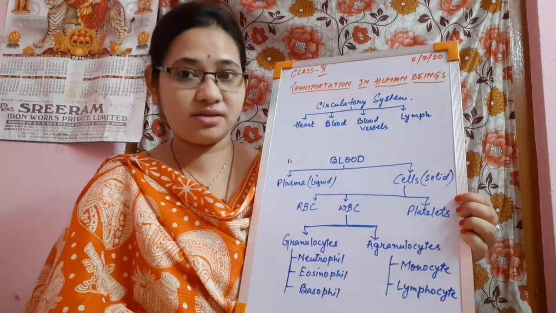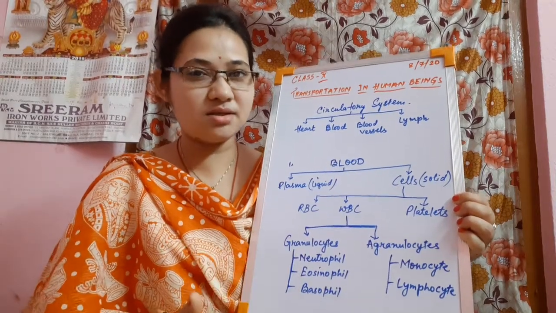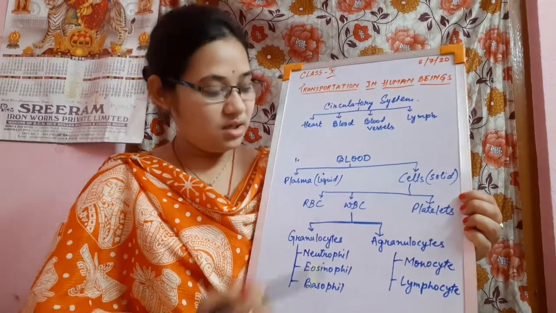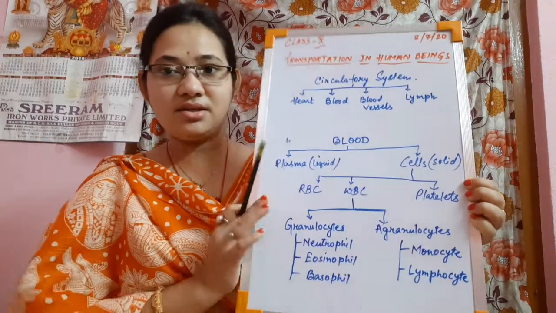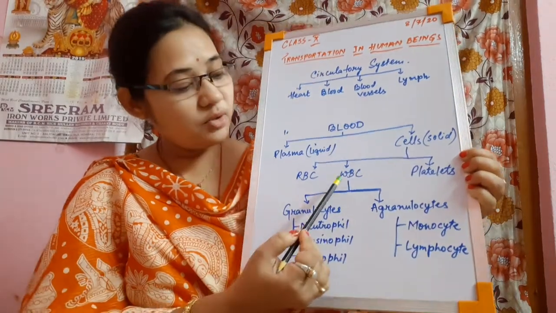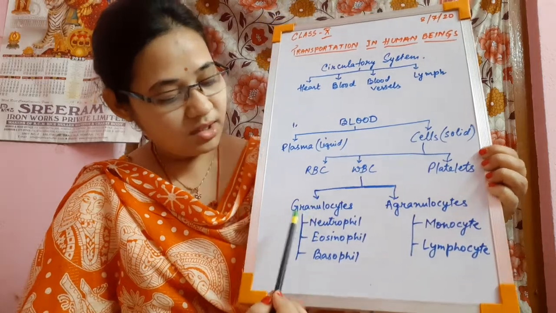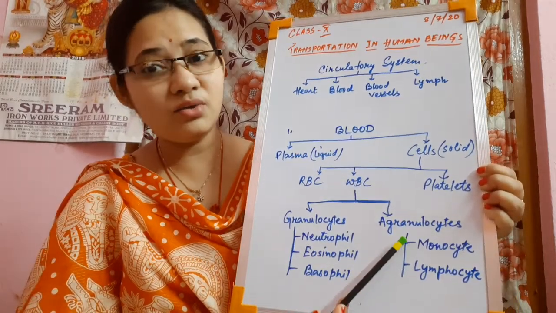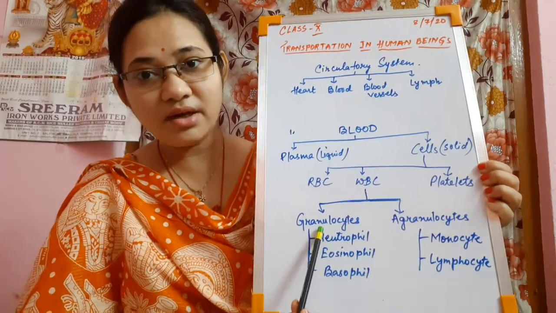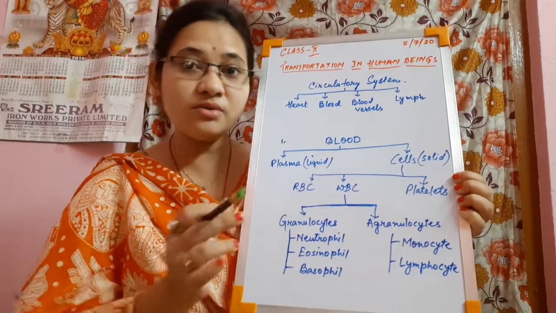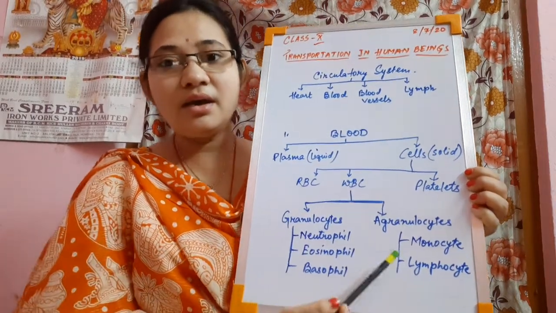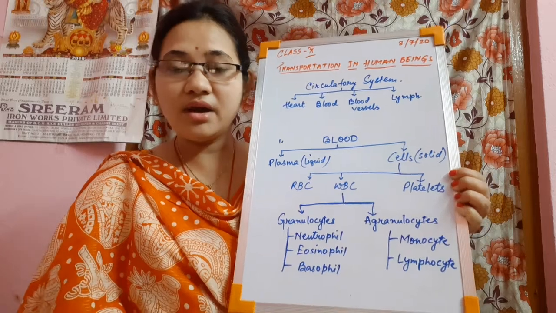So platelets are smaller, like a plate breaks to form platelets. So RBC, WBC and platelets. Again, WBC is divided into granulocytes and agranulocytes. Granulocytes have granules in them, and agranulocytes do not have granules in them.